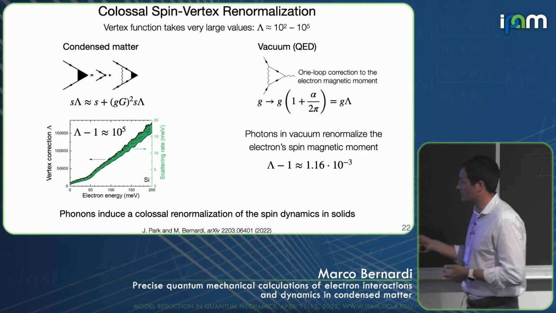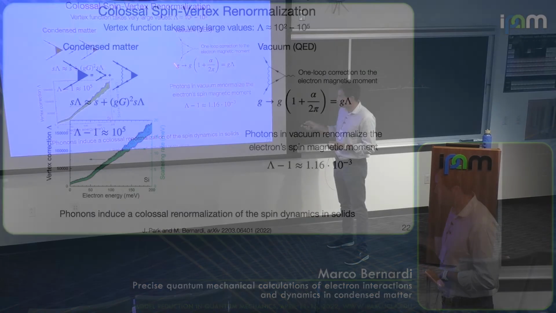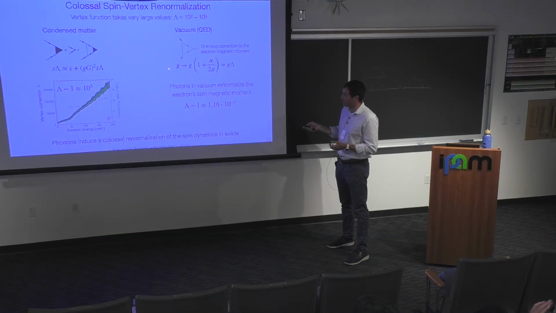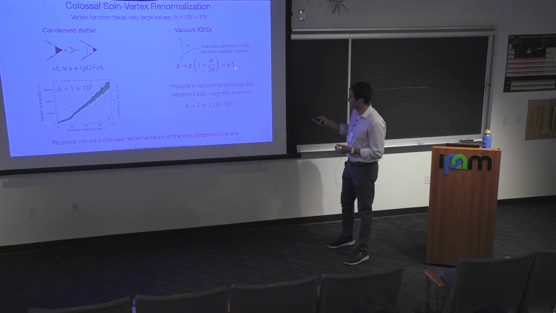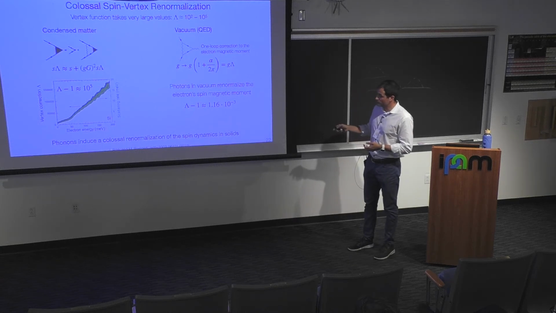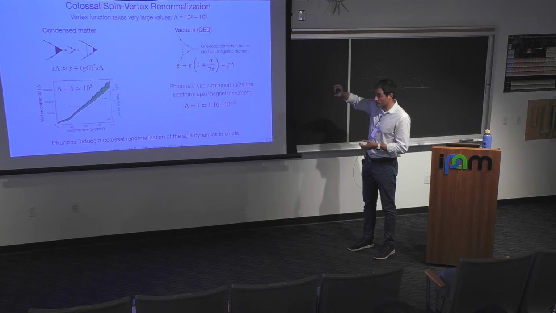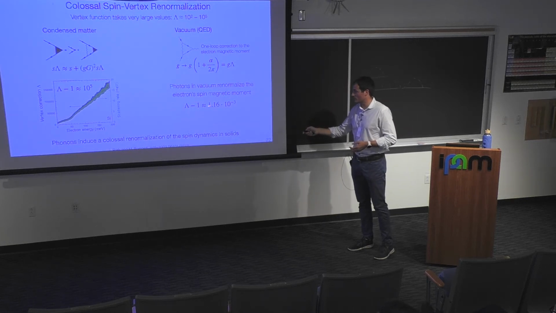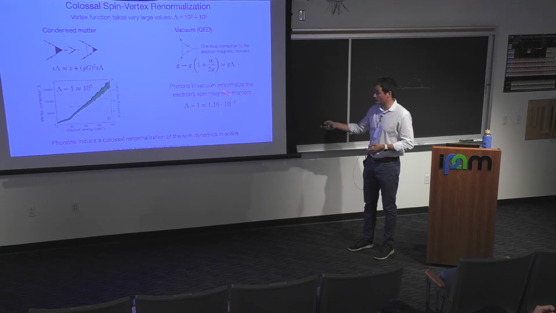So if you take the electron's spin gyromagnetic ratio, which is 2 in Dirac's theory, it becomes 2 plus a little bit, and that correction you can call lambda. So the relative change, if you take an electron in vacuum due to the photons, which are intrinsic in the medium, is basically a vertex correction of about 10 to the minus 3.